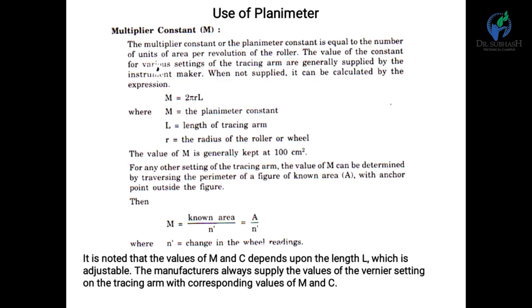M is equal to known area upon n dash, that is M equals A upon n dash, in which A indicates the known area, and n dash is the change in the wheel reading.